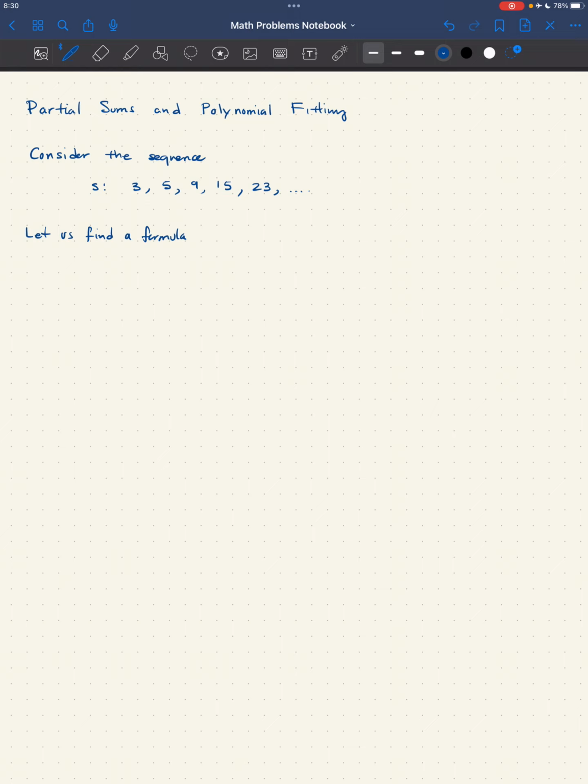Well, I'm going to make first a little table that contains information about the sequence itself, the position, the term, and their differences. So I'll start by checking the differences, or the difference of consecutive terms.